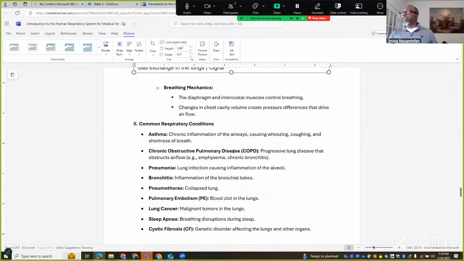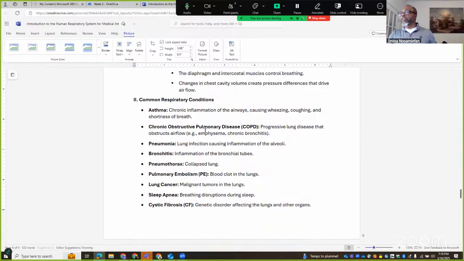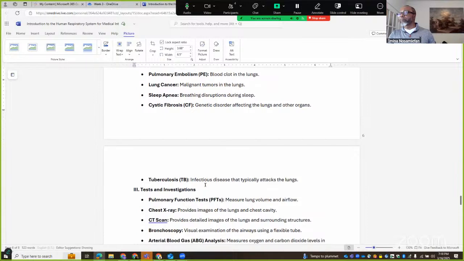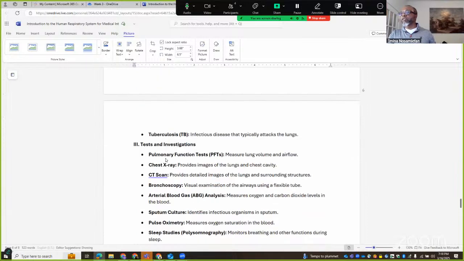And of course, breathing mechanism and common conditions: asthma, COPD, pneumonia, bronchitis, pneumothorax, pulmonary embolism, lung cancer, sleep apnea, cystic fibrosis, tuberculosis. Okay. Tests, pulmonary function tests.